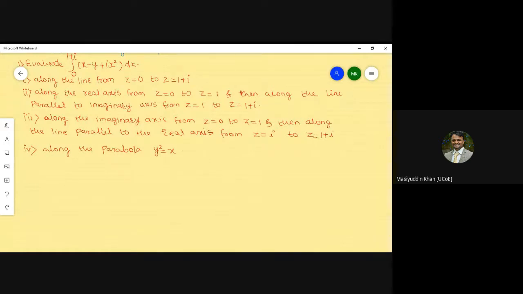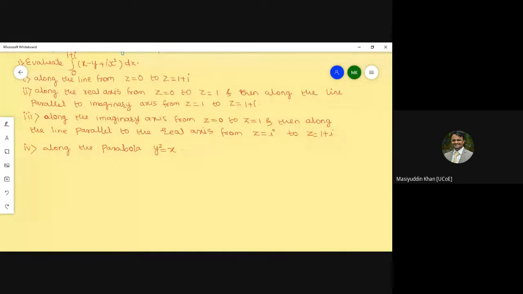Now proceeding with this problem, as I told in the last lecture, you should see this problem.